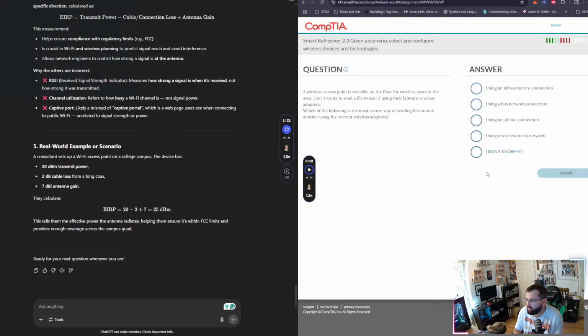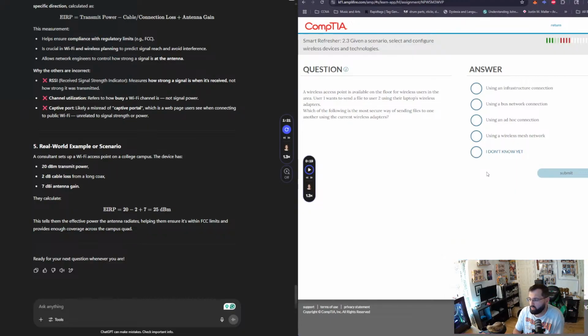Using the infrastructure connection, using the bus network connection, using the ad hoc connection, using a wireless mesh network.